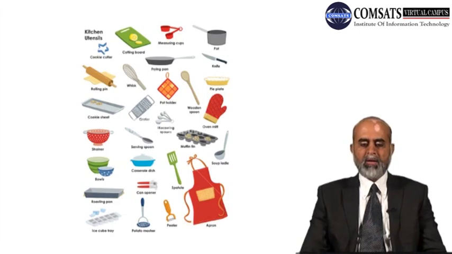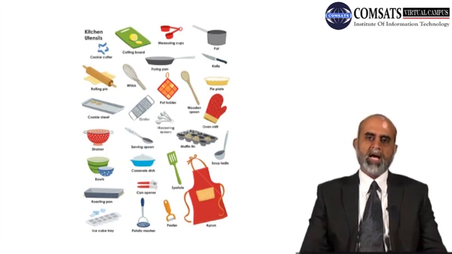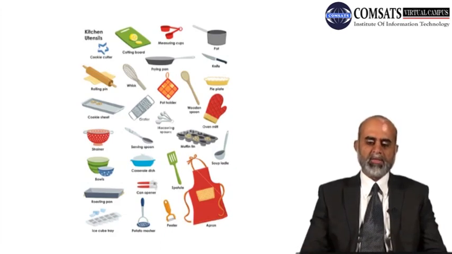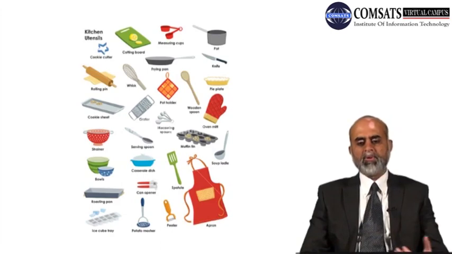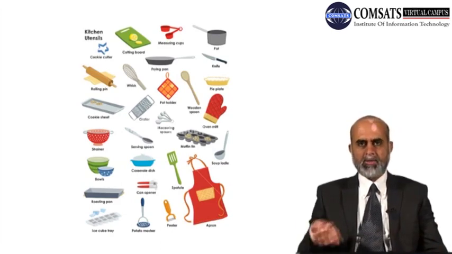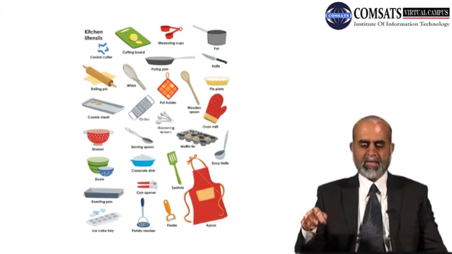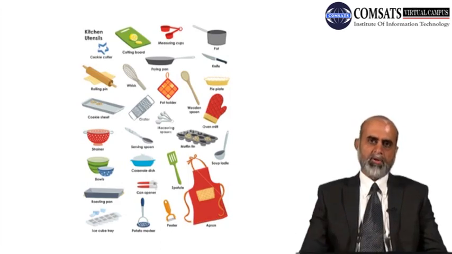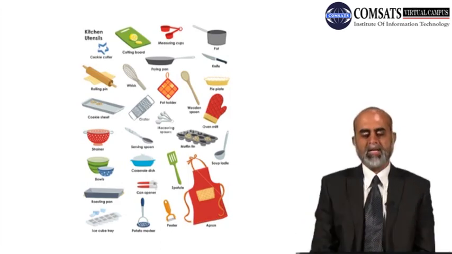Then we have a pot holder. Because a pot could really be hot, you can carry it with a pot holder. Then you have a wooden spoon. If it is a big one and it is used to move the contents inside the pot, it is also called a ladle. After the ladle we have a pie plate.